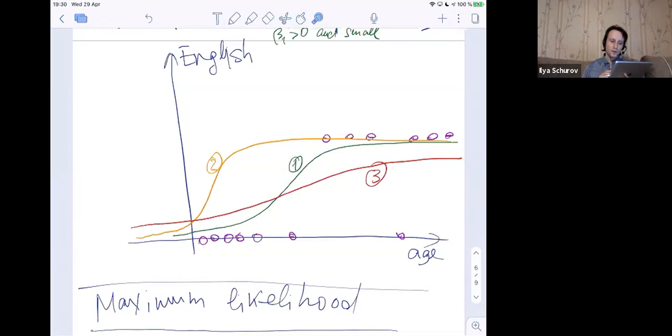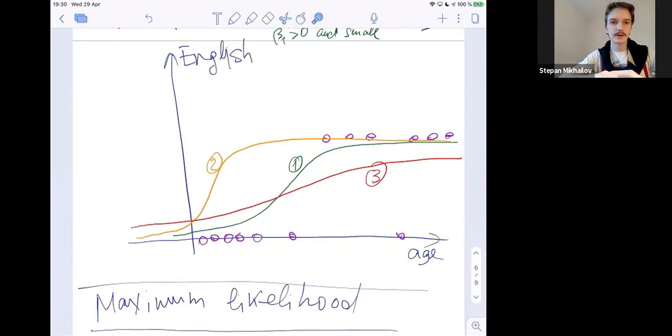So everybody likes the first curve. Why? Can you explain? Because it's closest to our data points. It has the minimum residual squares, if we can apply this notion here.